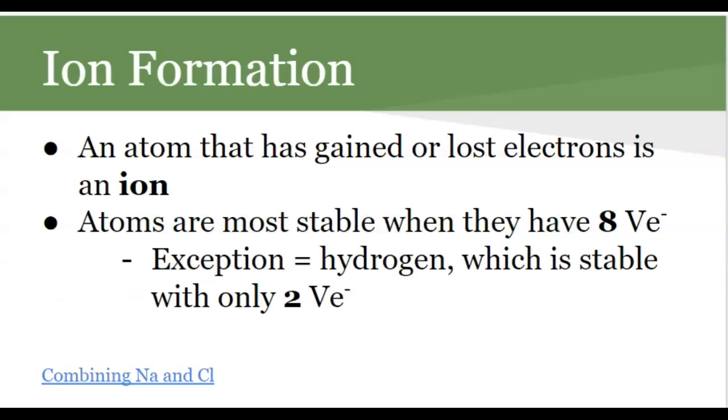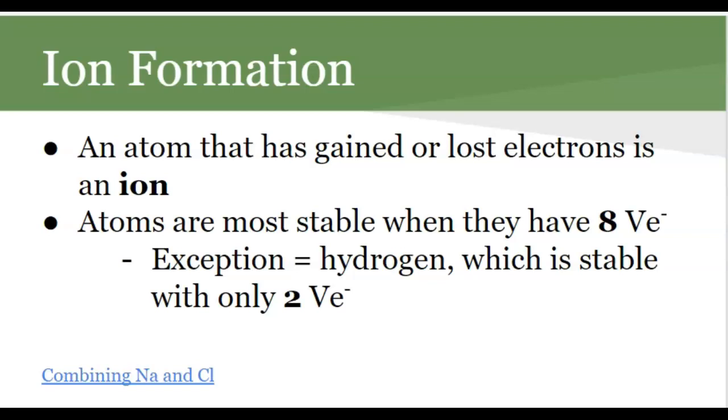So we've learned this already. An atom that has gained or lost an electron forms an ionic bond, but by itself it is called an ion. And there are different kinds. The goal of any element or atom is to have that magic 8 valence electrons.